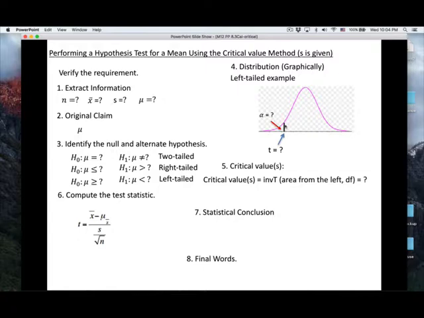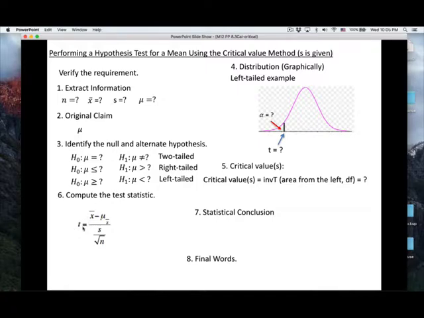Also, when you have a left tail, you will have a negative critical value. If you have the right tail, then your critical value will be positive. But if you have two tails, then you will have two critical values, and that will be plus or minus. Okay? After you find the critical values, you will have the test statistic.